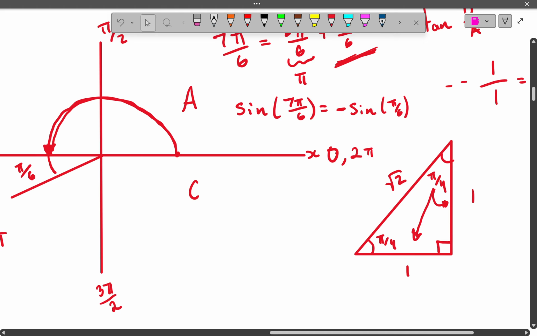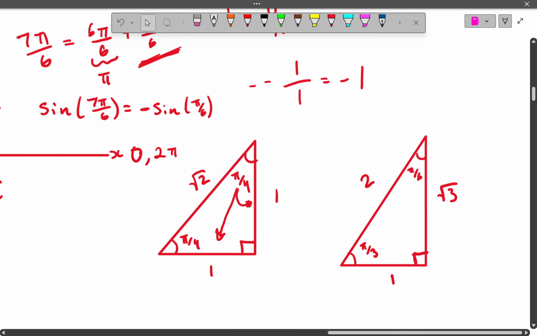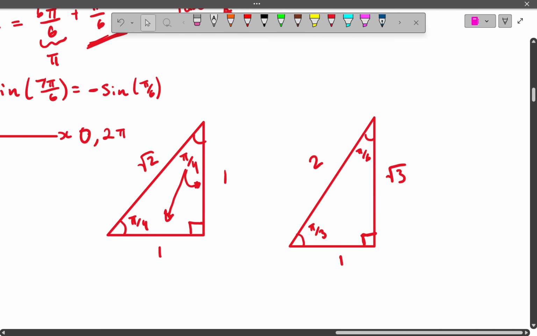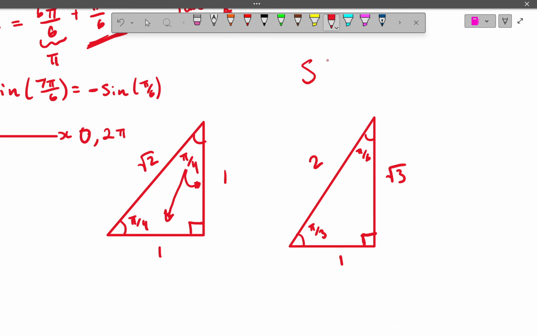And so again, we need to find the exact value. So we're going to use these special triangles. So for sine of pi over 6, sine is S, like if you remember SOHCAHTOA. And so for sine, that's the ratio of the opposite side divided by the hypotenuse.